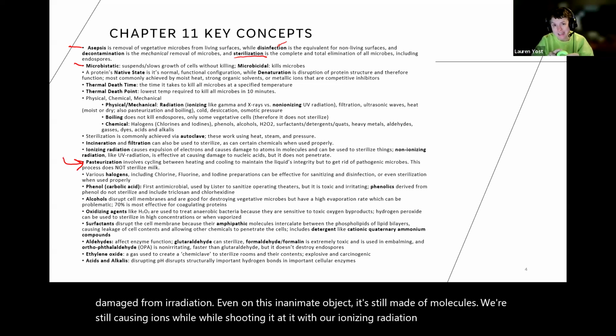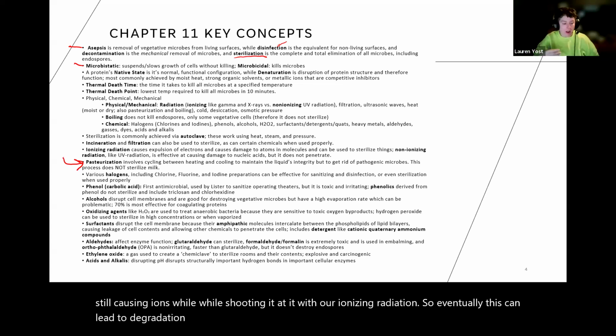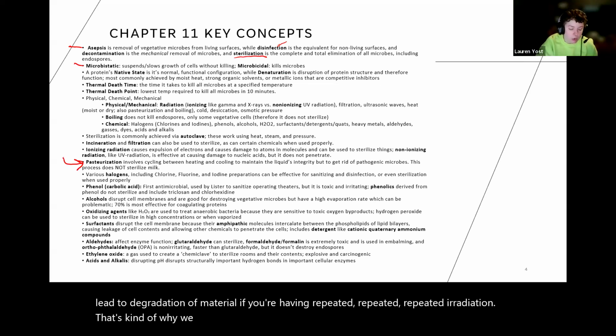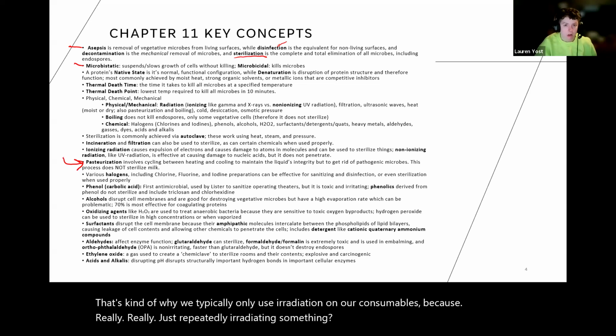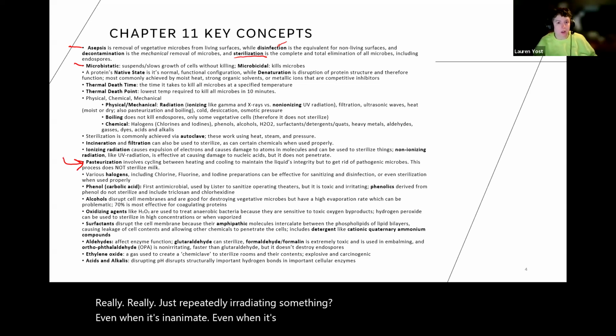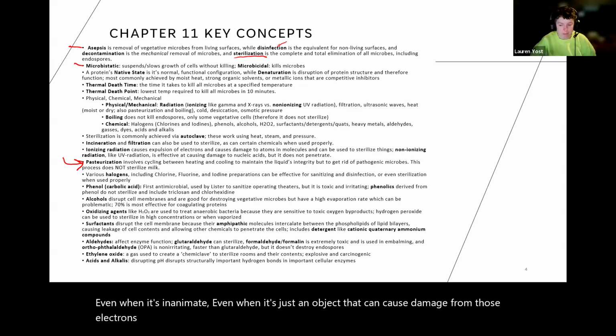So eventually this can lead to degradation of material if you're having repeated irradiation. That's why we typically only use irradiation on our consumables, because repeatedly irradiating something, even when it's just an object, can cause damage from those electrons being disturbed.